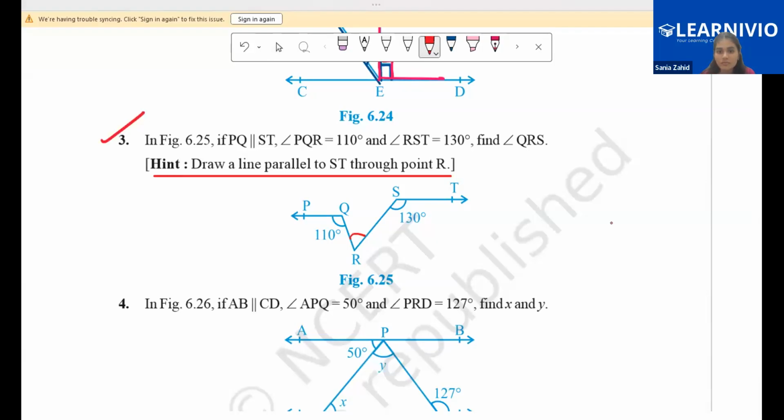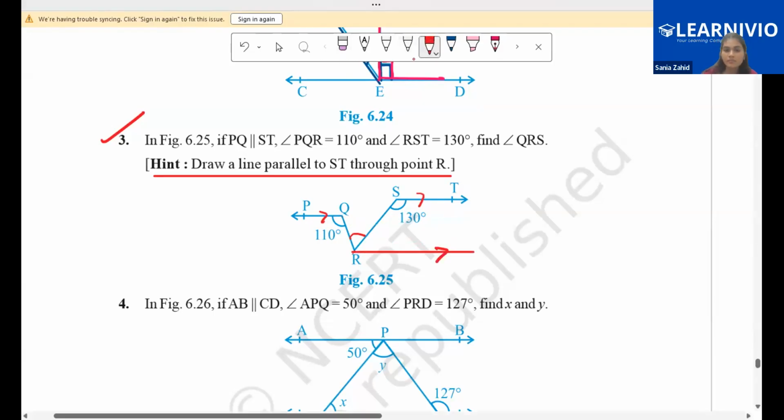Ma'am, I made a line from R. PQ is parallel to ST. PQR is 110 and RST is 130. You made a line like this, below from R. Okay, XY.